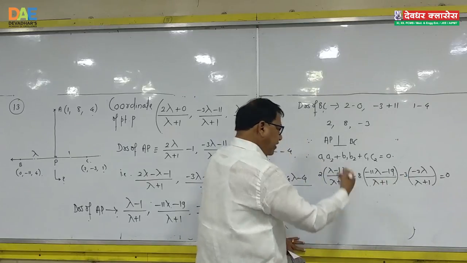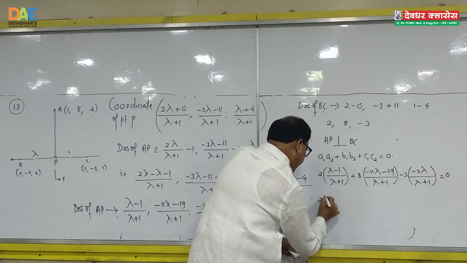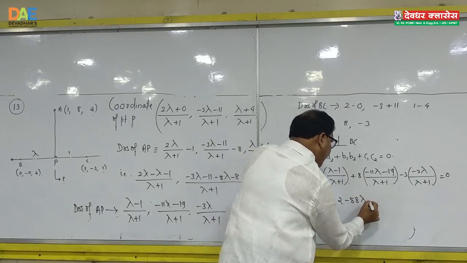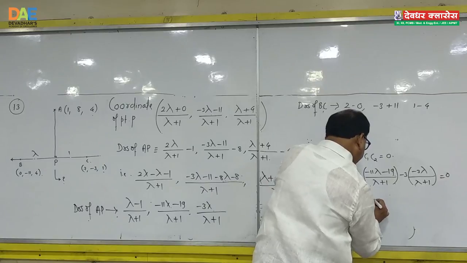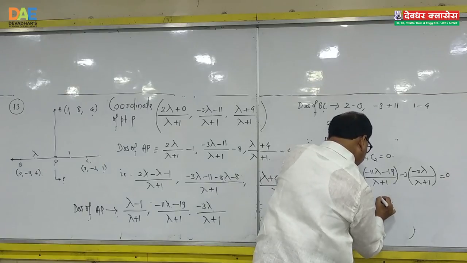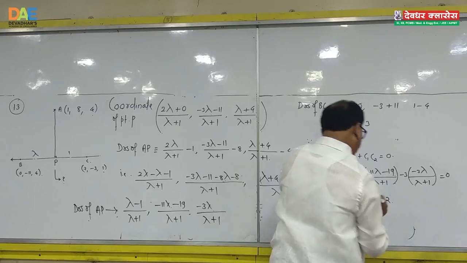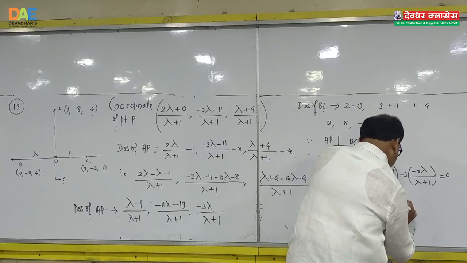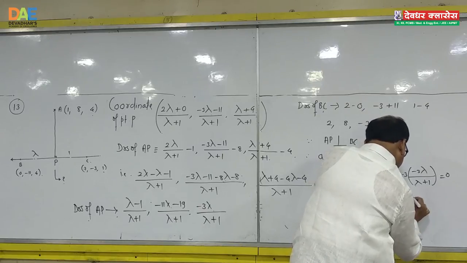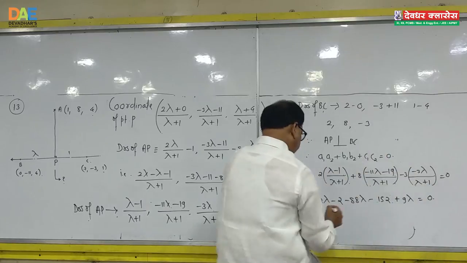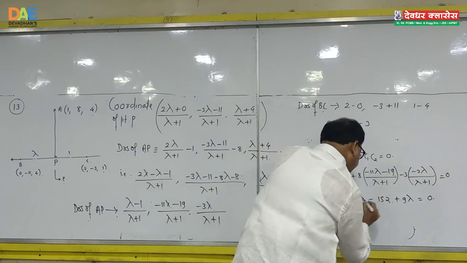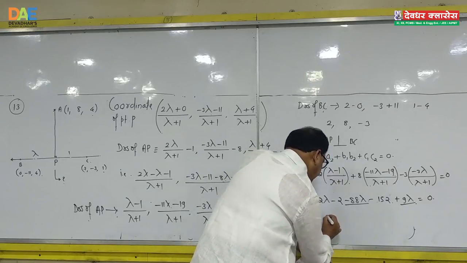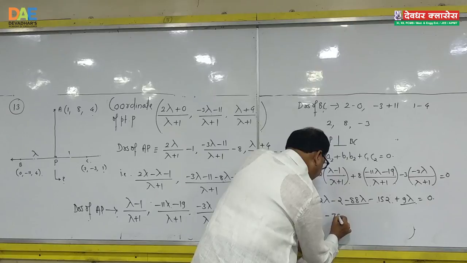The common denominator lambda plus 1 cancels. So, 2 lambda minus 2 minus 88 lambda minus 152 plus 9 lambda is equal to 0. Therefore, minus 88 lambda plus 9 lambda becomes minus 79 lambda.